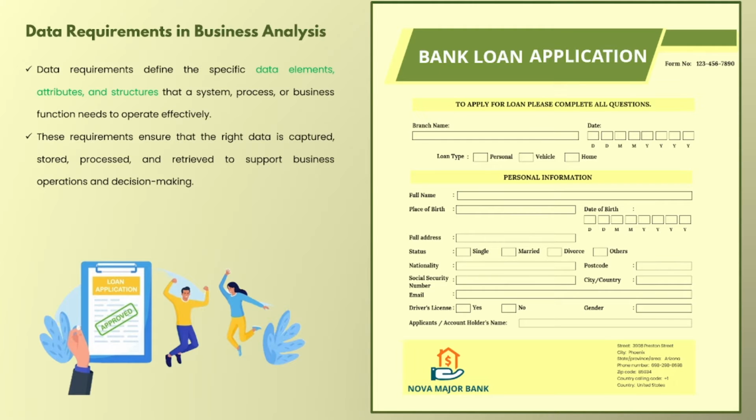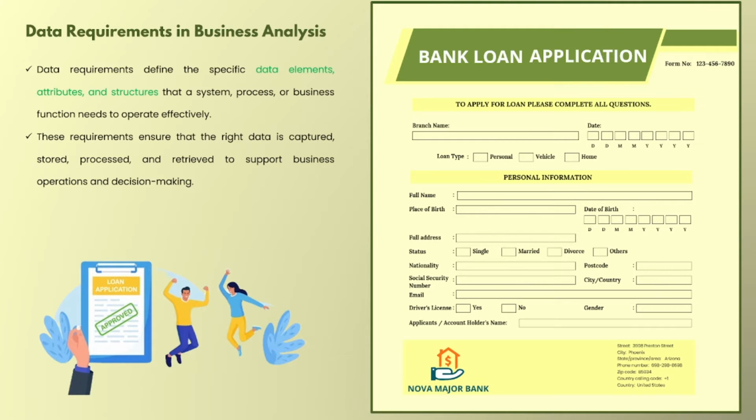And once we have the data elements along with data attributes, we organize them using structures like tables or fields in a database. It's like deciding what ingredients we need before cooking. These requirements ensure that the right data is captured, stored, processed and retrieved to support business operations and decision making.